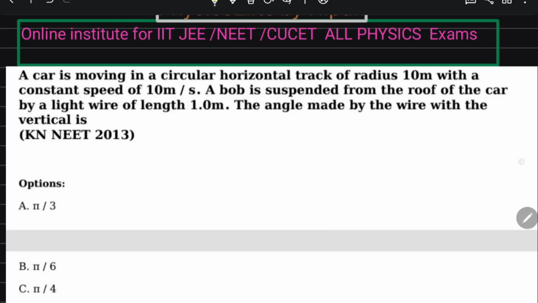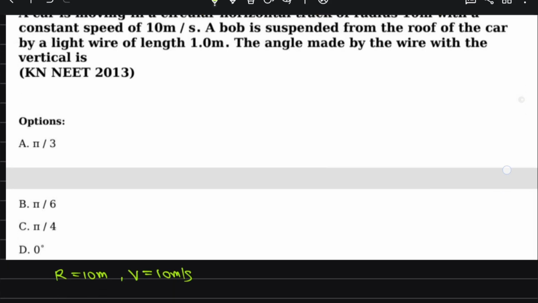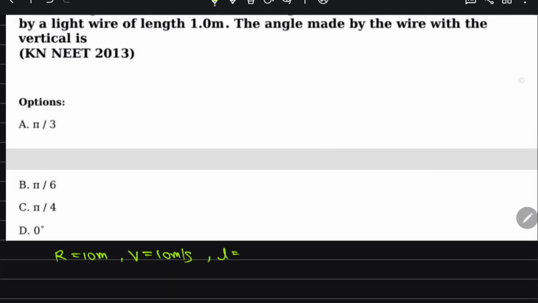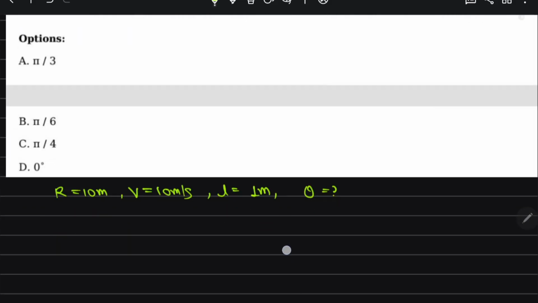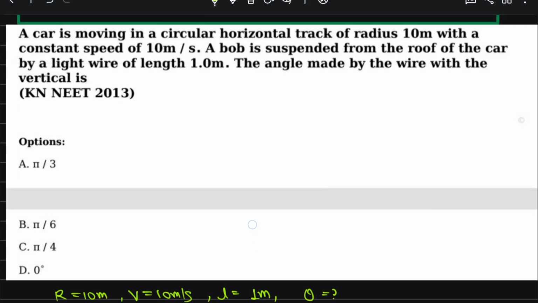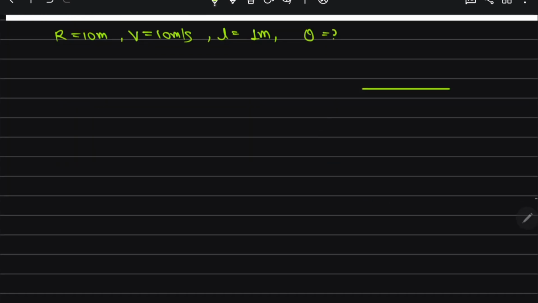And then a bob is suspended from the roof of the car by a light wire of length 1 meter. The angle made by the wire with the vertical. It is like this situation.